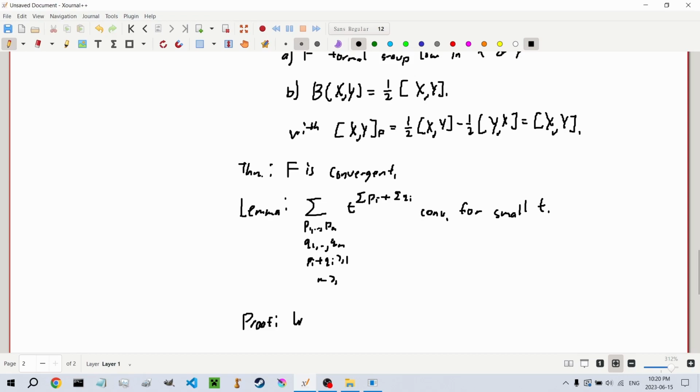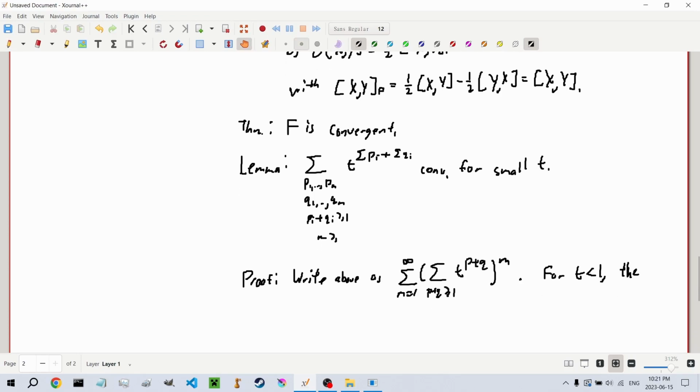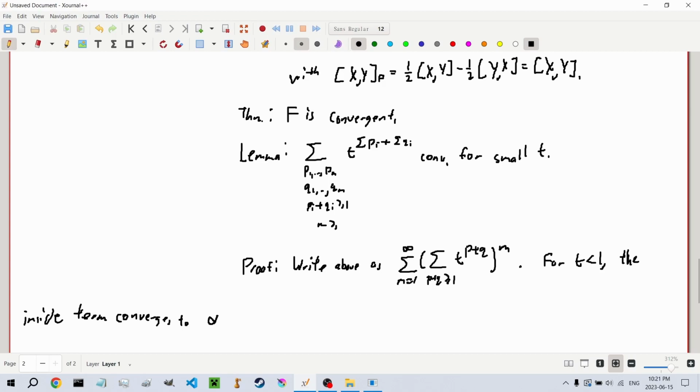Proof, we can write the above as the sum across all m's from 1 to infinity of the sum for P and Q being at least 1 of T to the P plus Q to the M. For T less than 1, the inside term converges to, we'll call it alpha, being 1 over 1 minus t squared minus 1.